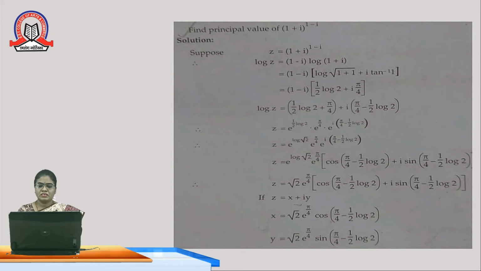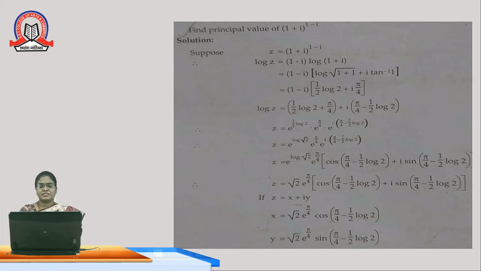Now log z, we are getting the real part and imaginary part after multiplying: 1 by 2 log 2 plus pi by 4 plus i into pi by 4 minus 1 by 2 log 2. Raising the power e and using the formula e power a plus b equal to e power a into e power b, we are getting z equal to e power log root 2 e power pi by 4 e power i pi by 4 minus 1 by 2 log 2.